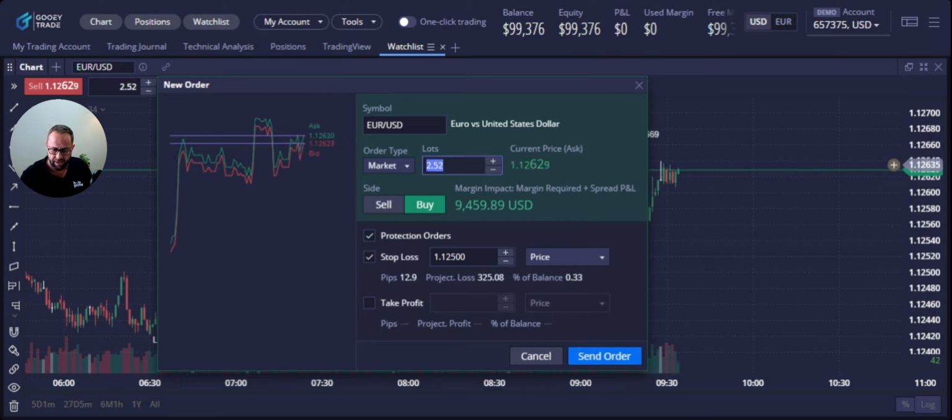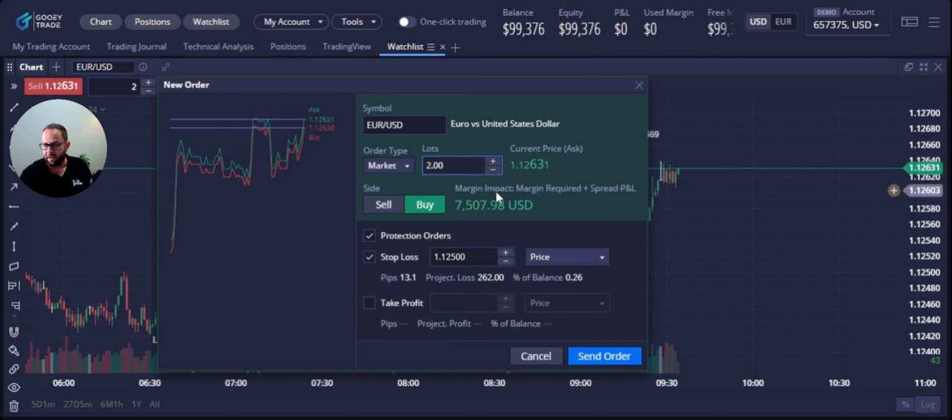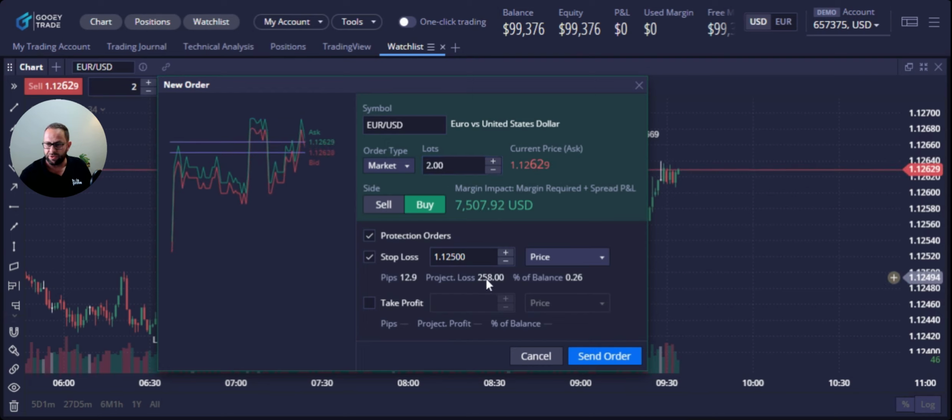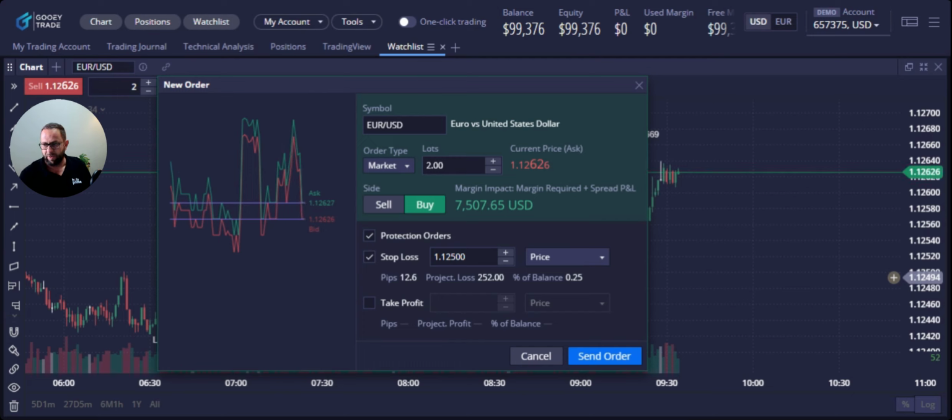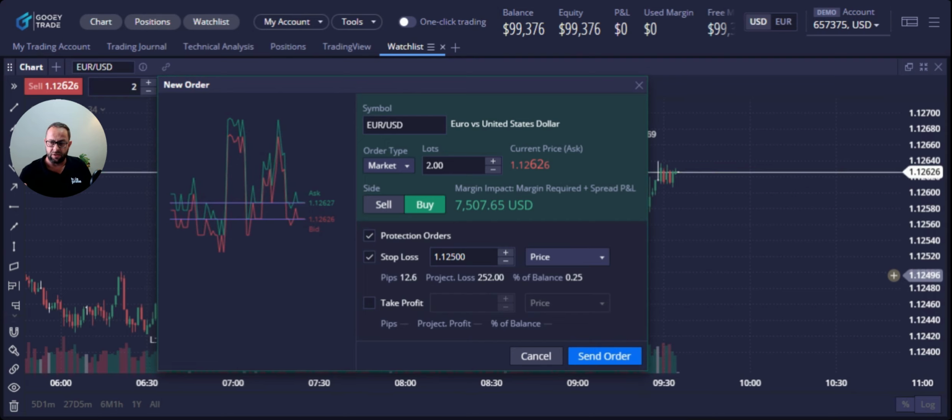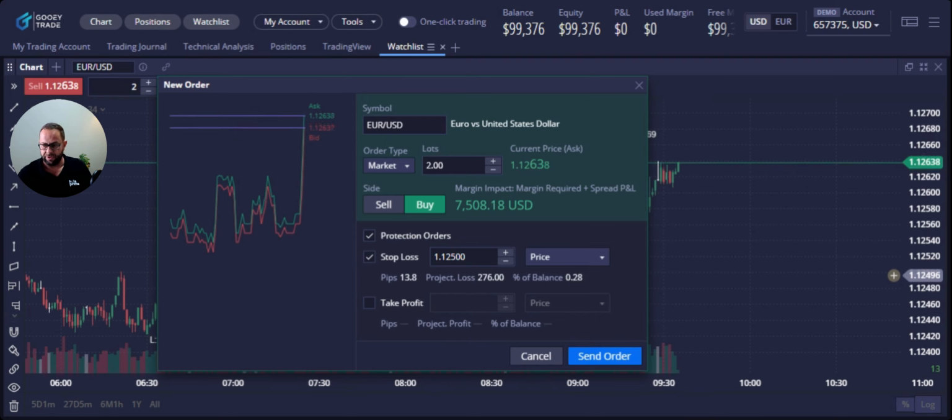So again, by just manipulating the lot size, you can change that maximum amount that you're willing to lose on any particular trade. Right, so that would be about $250. So if you had a $25,000 account, then that would be 1% of your account. Some traders decide to risk way less than that, so they can build a buffer as they progress through their trading challenge.